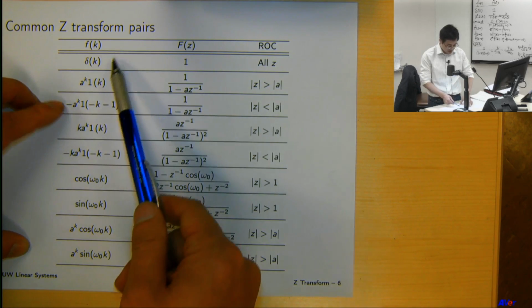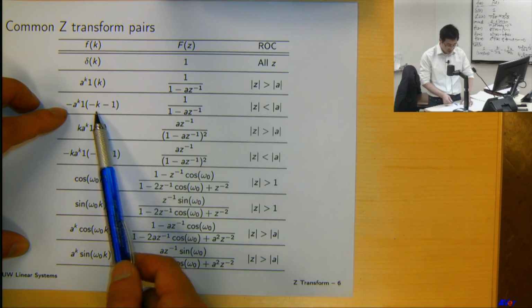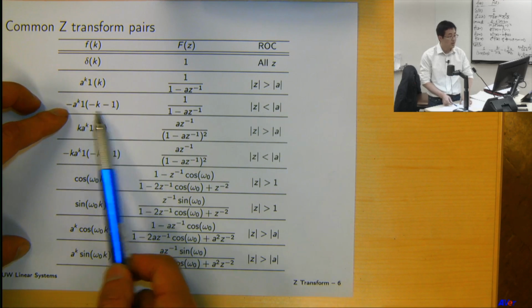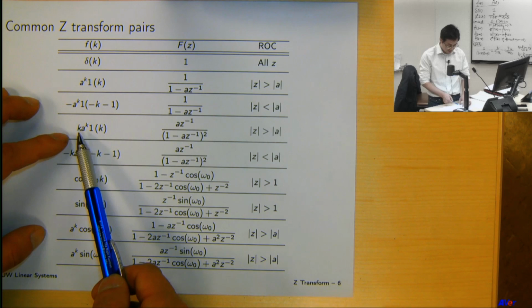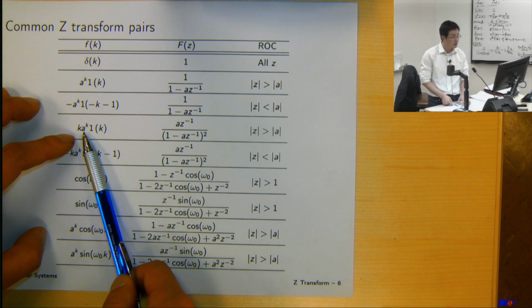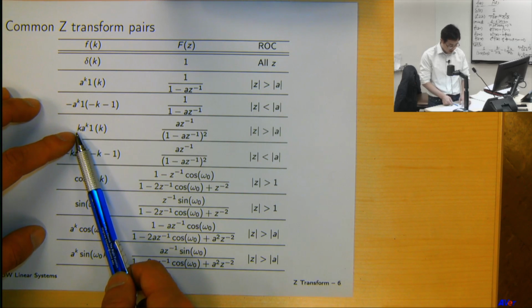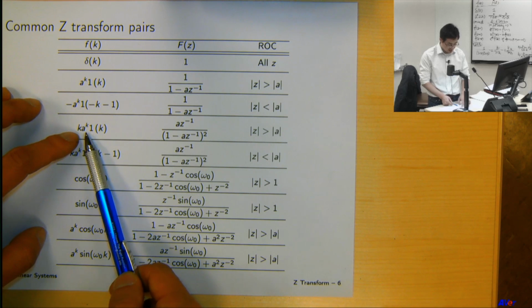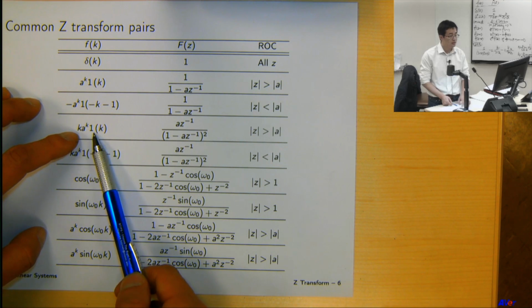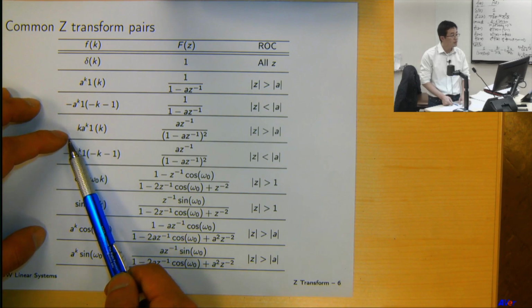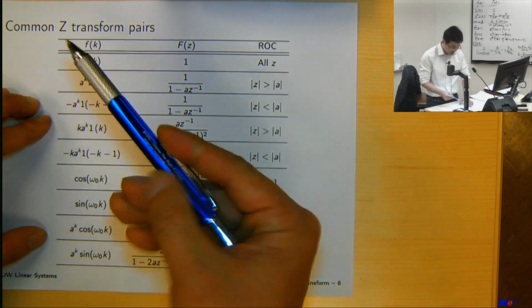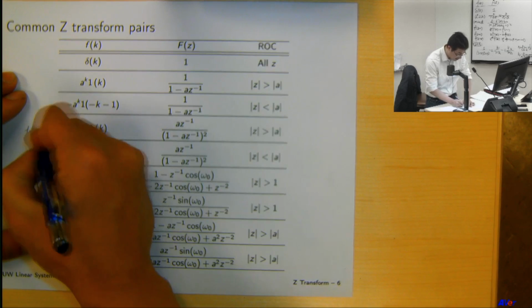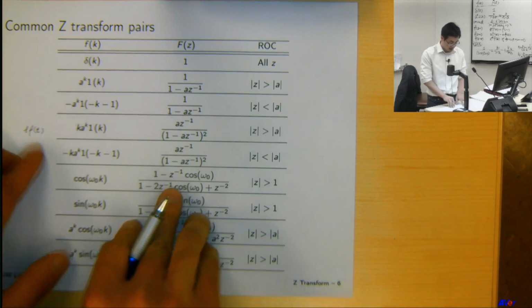We talked about these. This one is time reversal, the property of time reversal that we talked about. This is what property? If I have k times a sequence, you have the time index times the sequence, then it's similar to the transform in the Laplace domain.